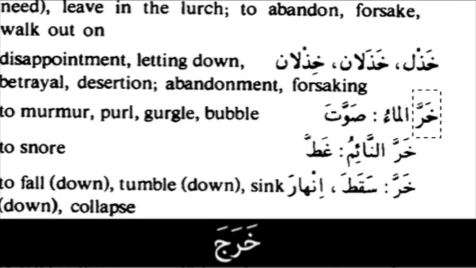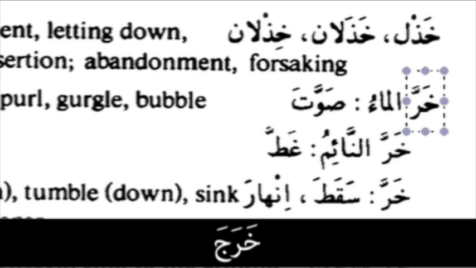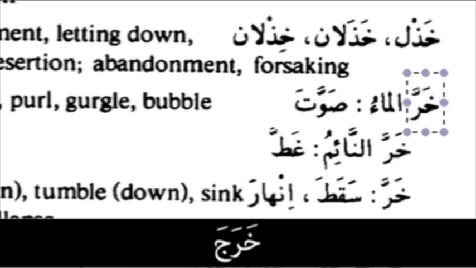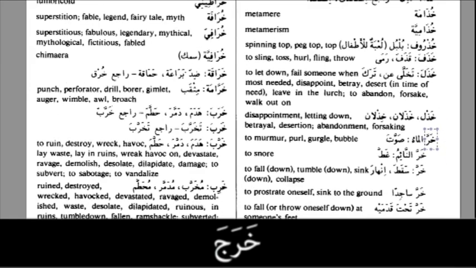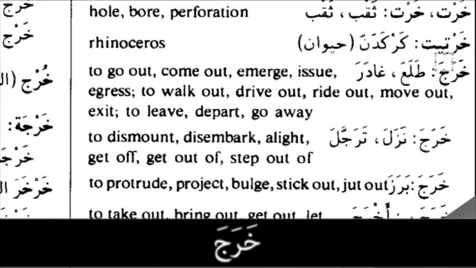As you can see here, we've now located the first two letters of the verb, the letter kha and the letter ra. Finally, we need to locate the letter jim. And as you can see, we have found the verb kha-ra-ja.